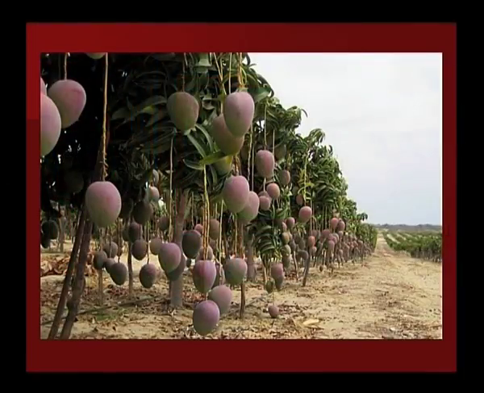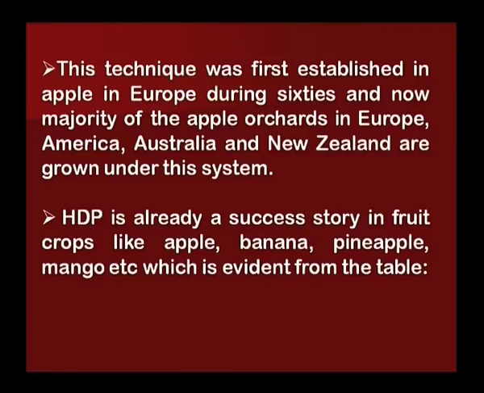This picture shows the high density planted orchard of mango. This technique was first established in apple in Europe during the 60s, and now the majority of apple orchards in Europe, America, Australia and New Zealand are grown under this system.